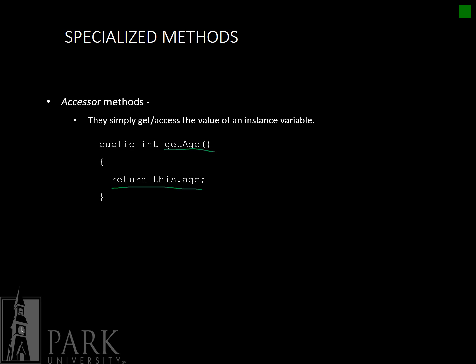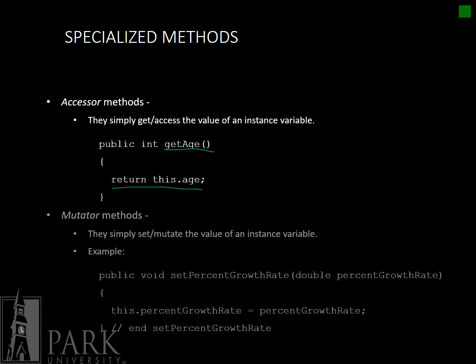We have a private variable called age, and we are creating a public method that is going to allow us to access that private variable, but it allows us to control how it gets accessed, and that's the important thing. We also have mutator methods, and they simply set or mutate the value of an instance variable, right? It should be fairly self-explanatory.